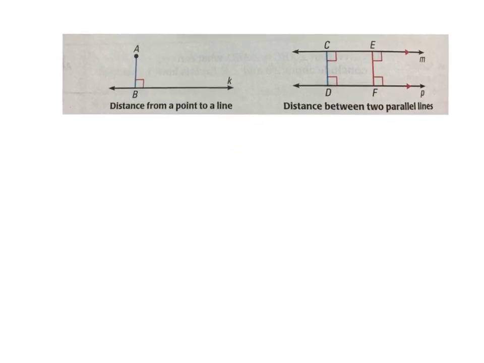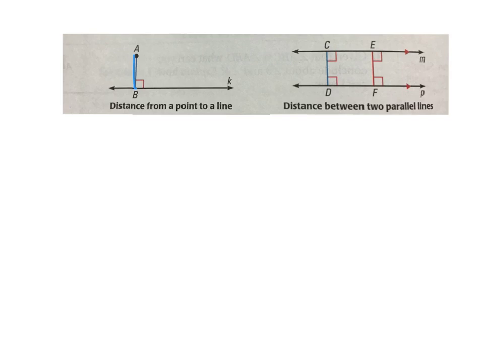So you see how they had a line already drawn, line K, and then they had a point A. All they're saying is the distance, if I were to draw a perpendicular line straight to that point, that's the distance. Okay?